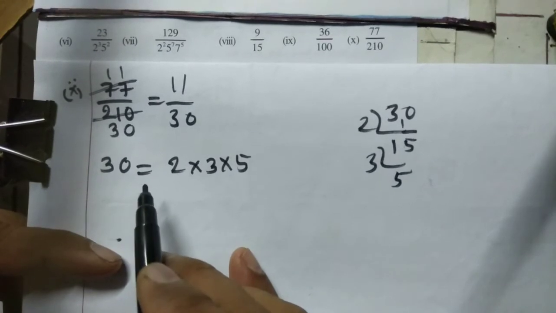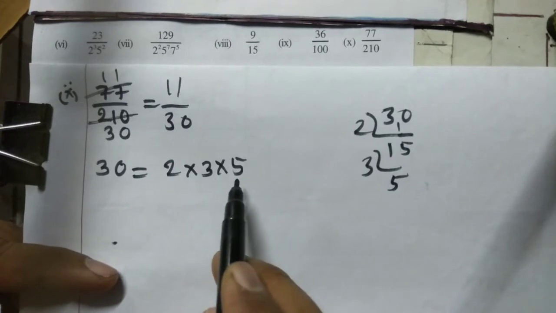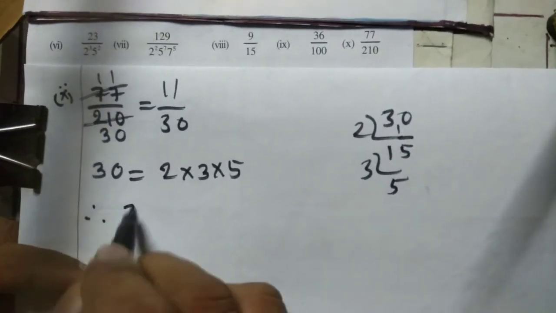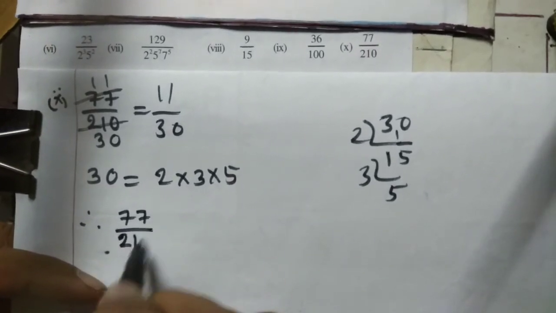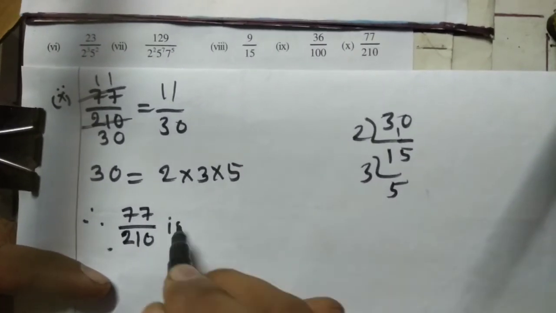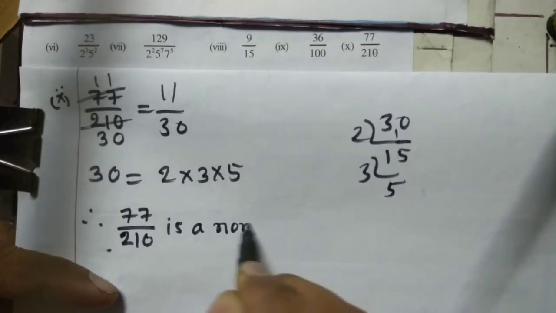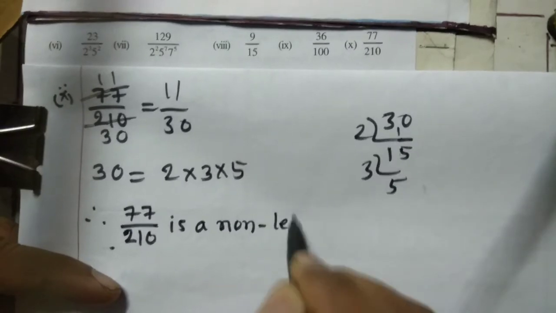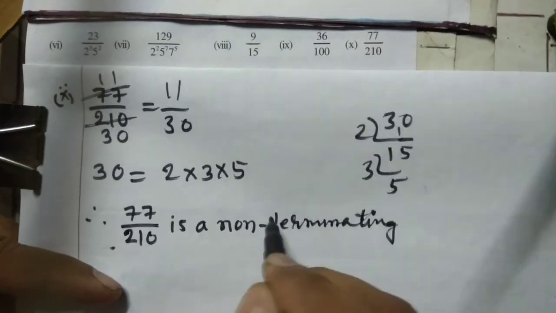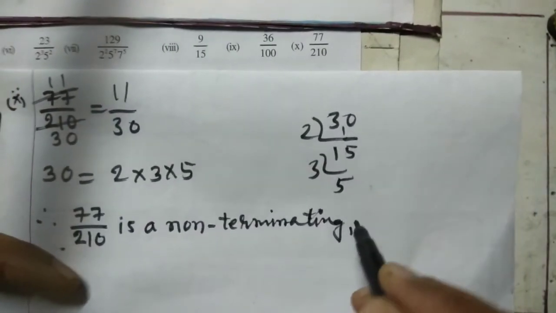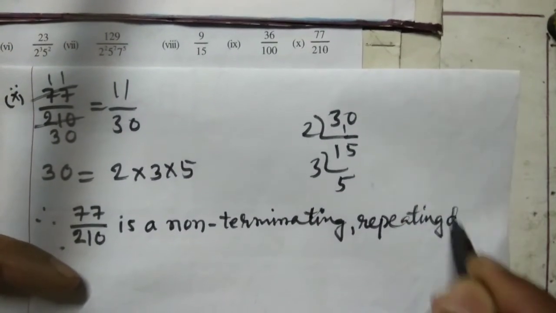The denominator is not of the form 2 power n 5 power m. Therefore 77 by 210 is a non-terminating repeating decimal.